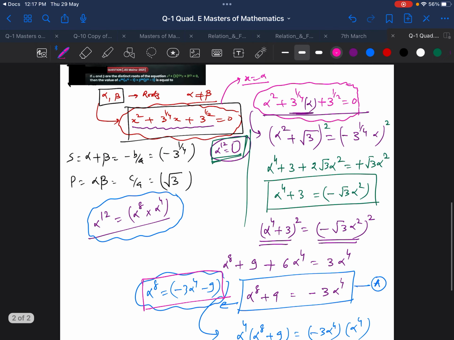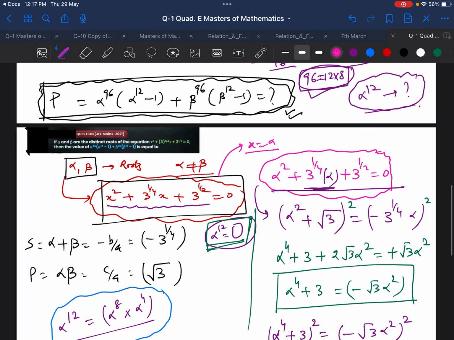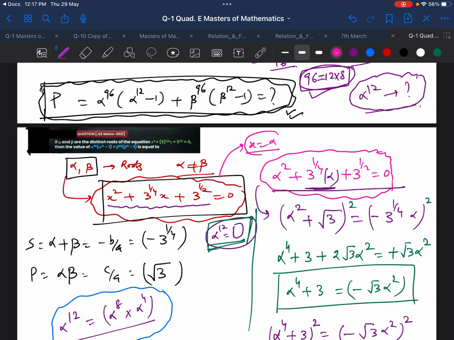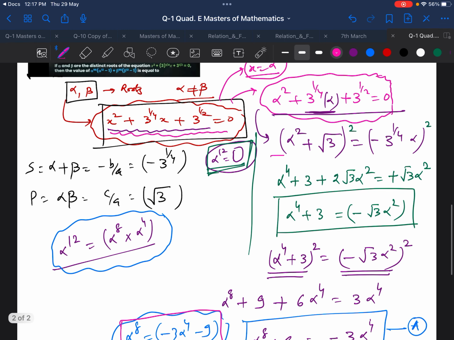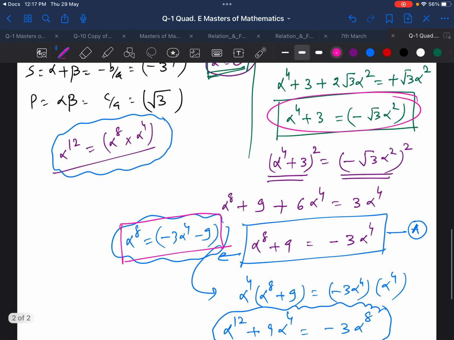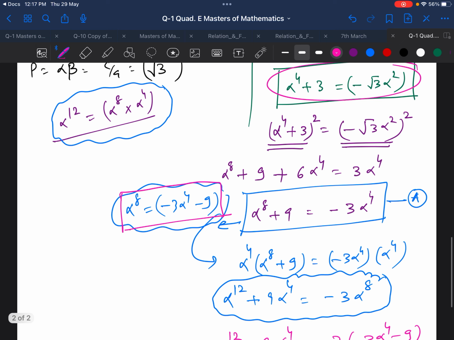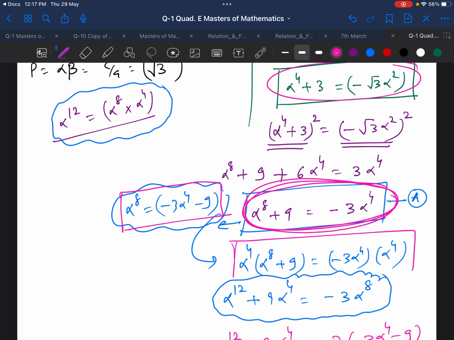So I did the calculation using that alpha is one of the roots of this equation. I satisfied this by putting alpha in place of x in this equation. I squared both sides, first step. Then after getting this expression I again squared both sides, and I got alpha raised to power 8 and alpha raised to power 4 expression. Then I multiplied both sides by alpha raised to power 4 here, right?